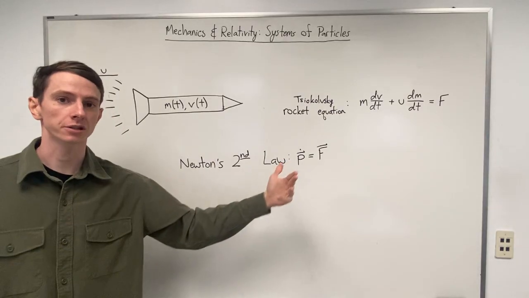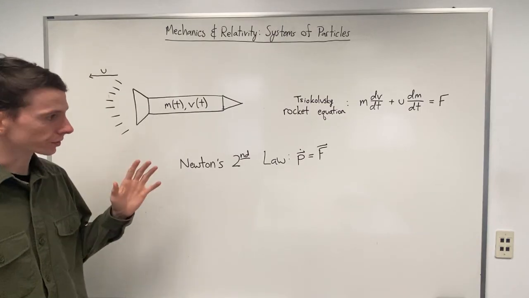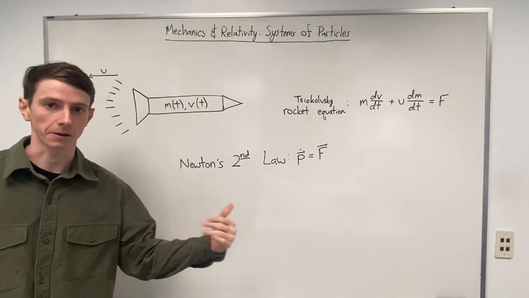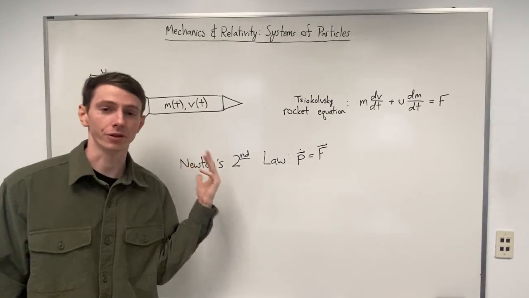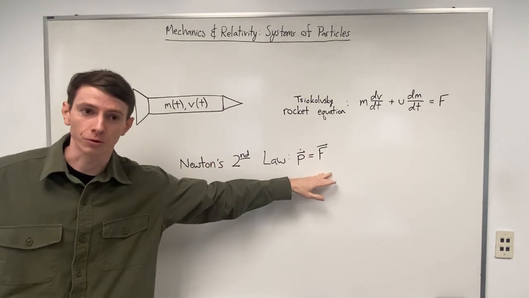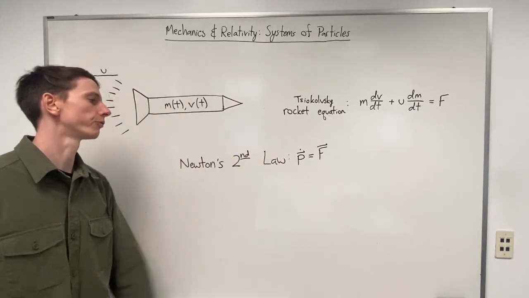That hasn't changed in the realm of Newtonian mechanics. But if we're working with a problem where the mass is varying, and honestly it's probably a good rule of thumb in general, we want to work with what we call the more general form of Newton's second law.